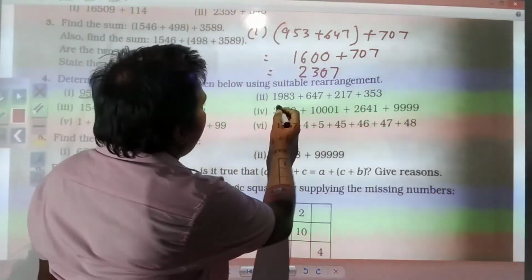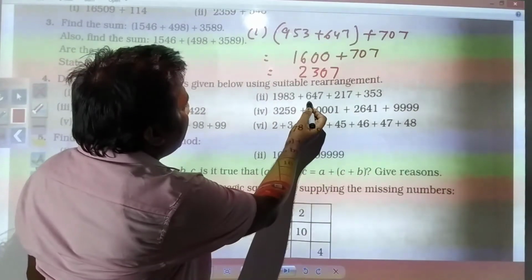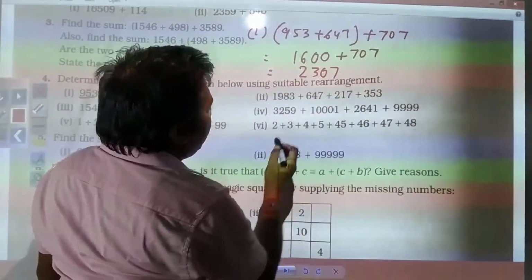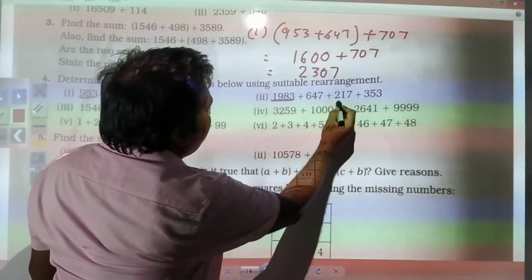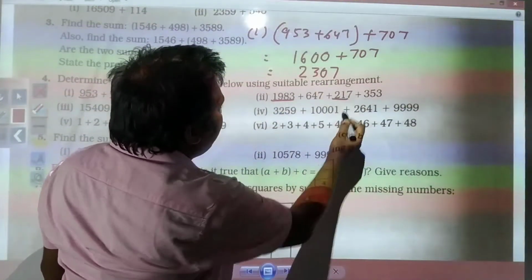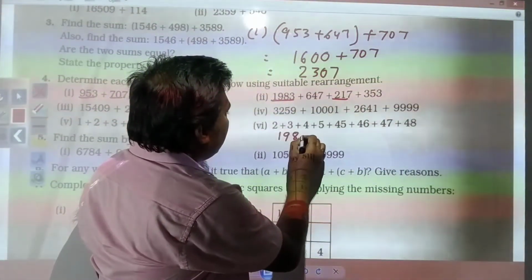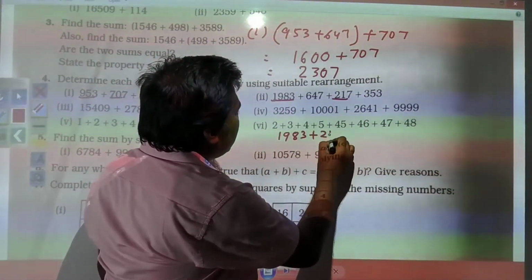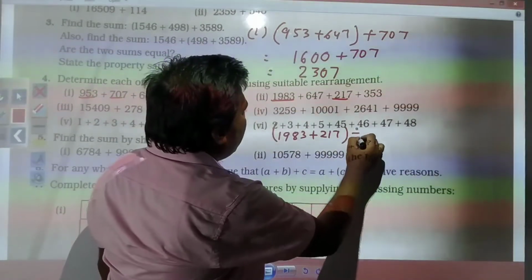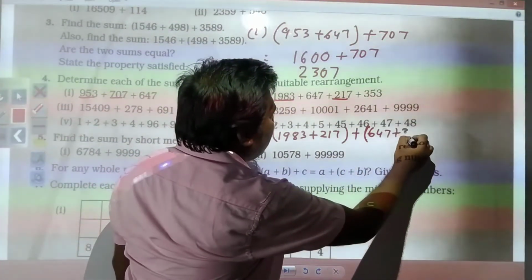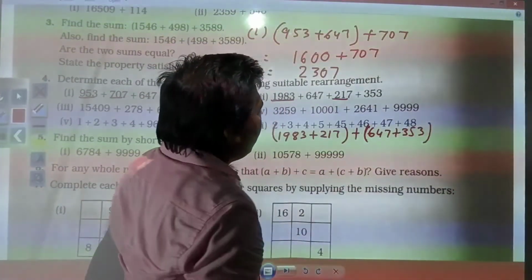Second question, you see 1983, 647, 217, 353. So 1983 and 217 can be grouped together. 1983 plus 217 and 647 plus 353. If you are grouping, what will you get?